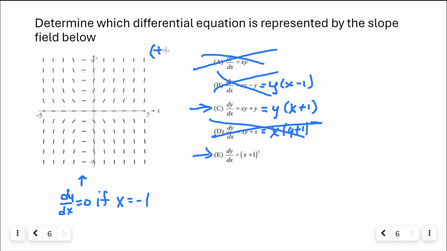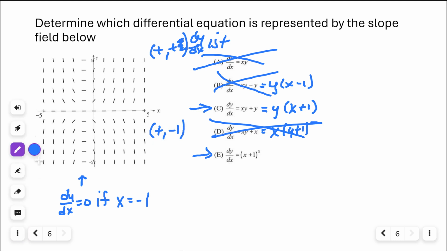So when the x is positive and the y is positive, dy dx is positive. In quadrant 4, if x is positive and y is negative, oops, not -1, just a negative. Okay, so x is positive, y is negative. The slope is always a negative.